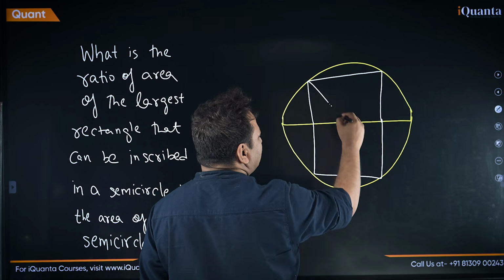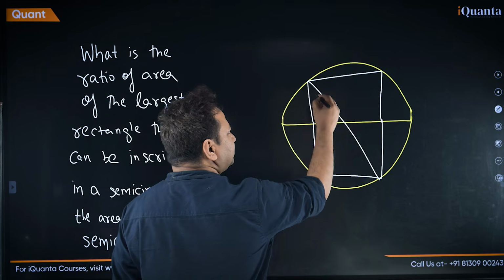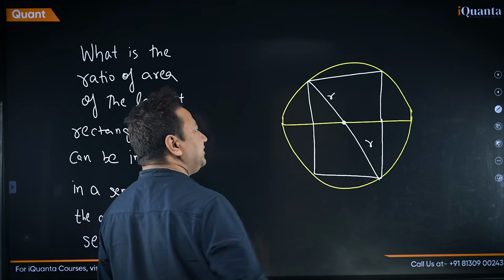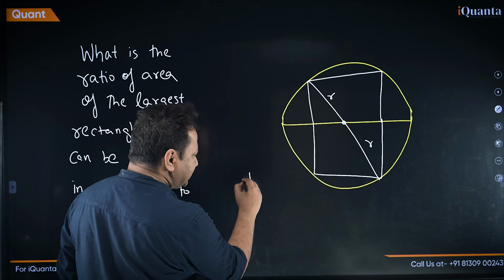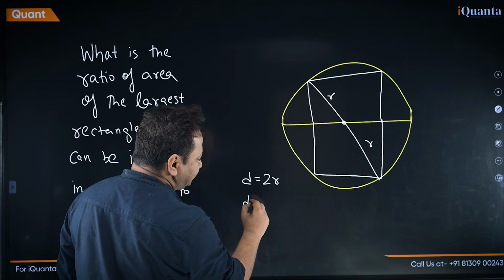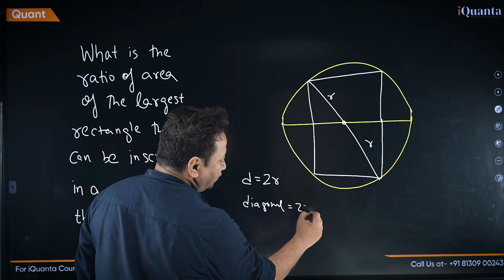A square whose diagonal is the same as the diameter of the given circle. So if I assume the radius to be r, there is a center, radius. So the diameter of this circle is 2r, and the diagonal of the square here is again 2r.